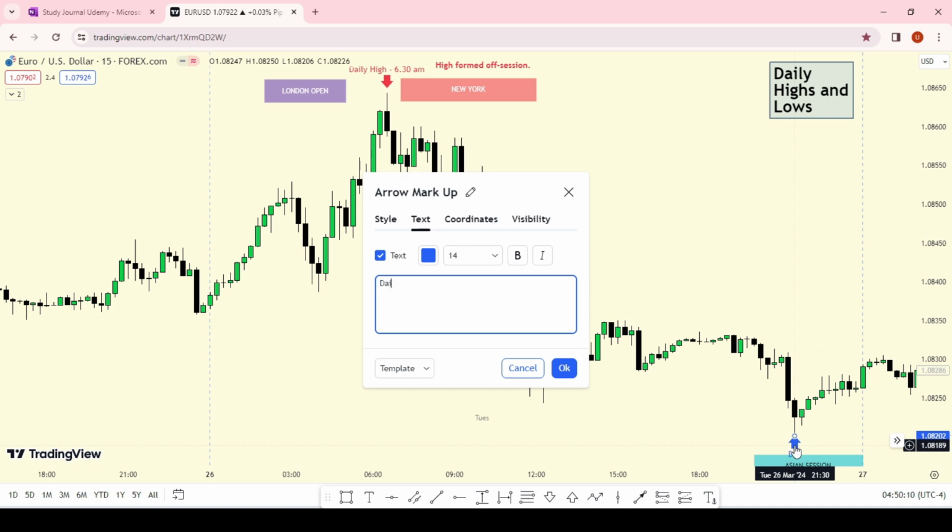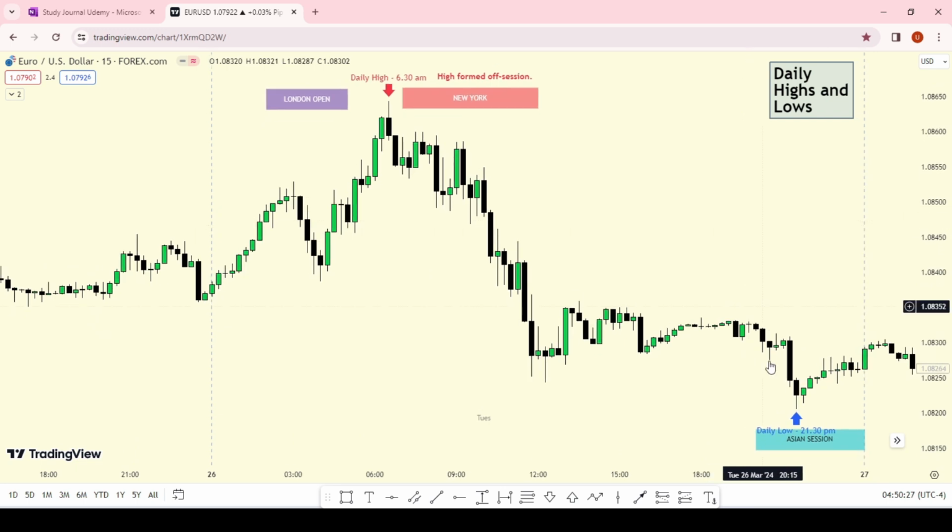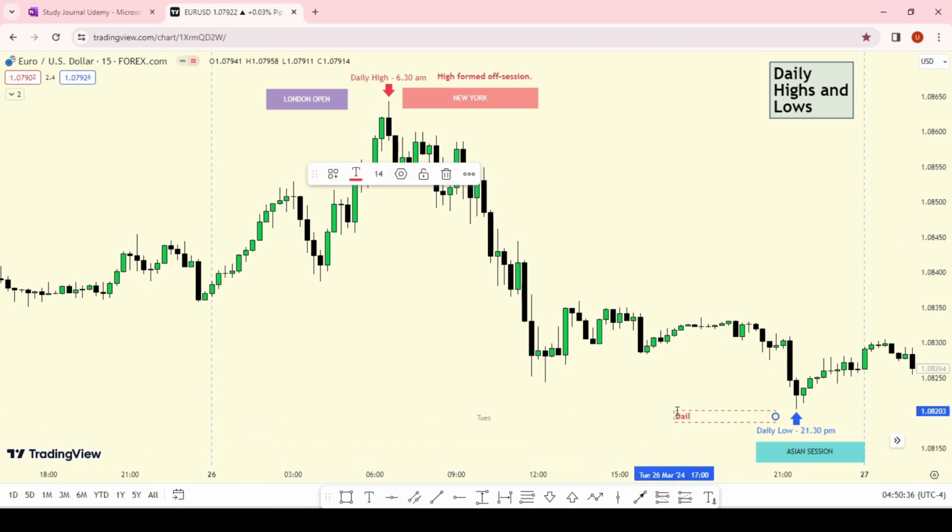I can just say daily low, then indicate the time, 21:30 p.m. Then what you want to do is indicate that this low formed during Asian session. So those are the major things.